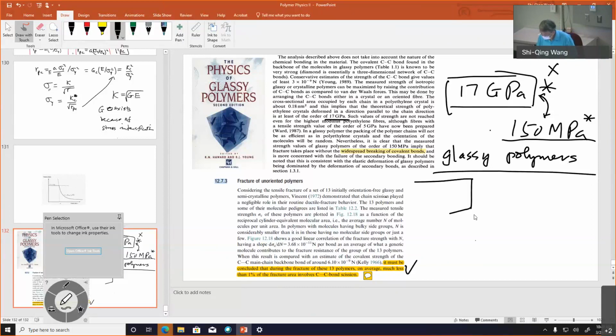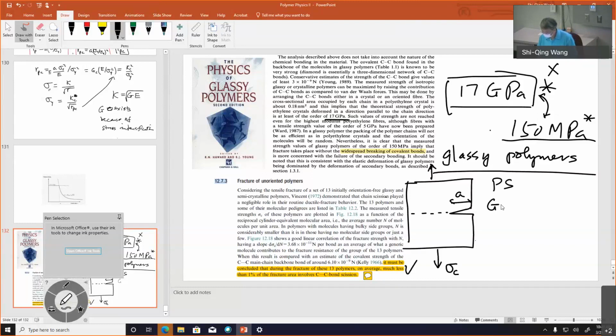If you have a cut, then indeed people have learned from Griffith's criteria and start to look at what critical stress the cut will go through, will become brittle or failure. So they have observed that for polystyrene, there will be a critical stress depending on the cut length where the failure occurs.